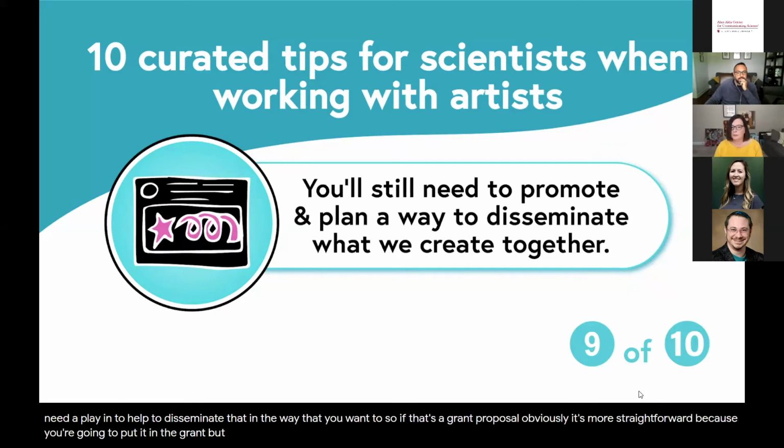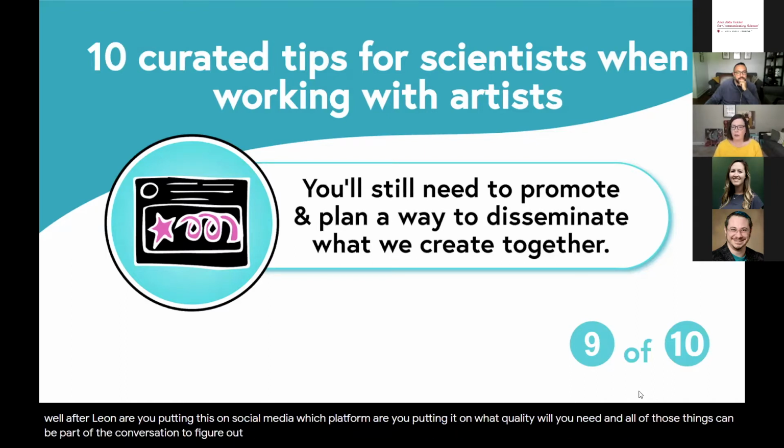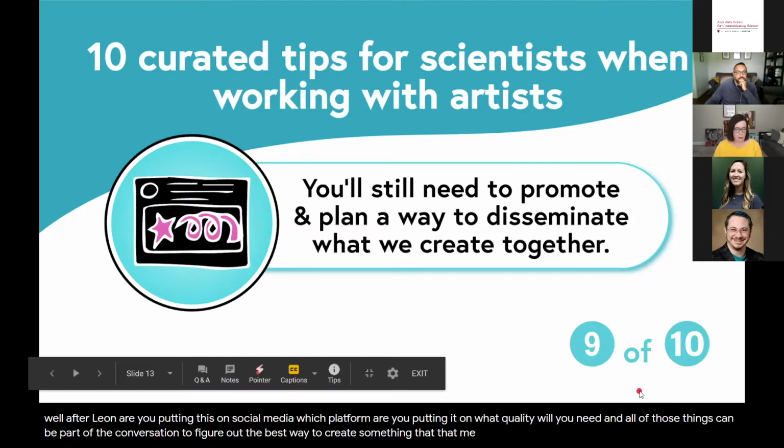But if you're really looking for outreach, then you really need to think about how this is going to be promoted. Those are probably questions your science artist will ask early on. Are you putting this on social media? Which platform are you putting it on? What quality will you need? All of those things can be part of the conversation to figure out the best way to create something that meets the needs that you have.